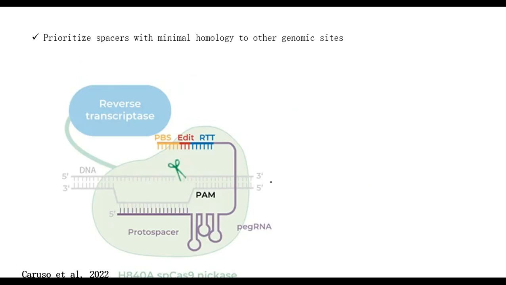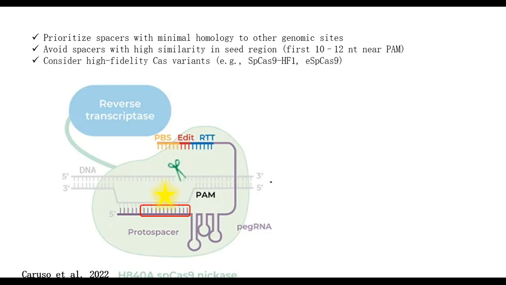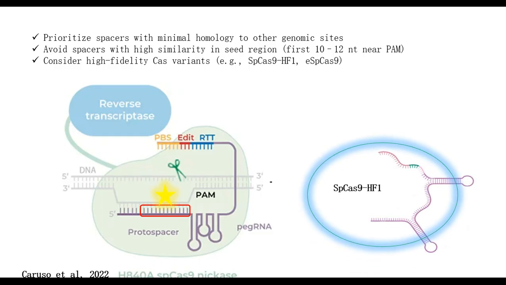Spacers should have minimal homology to other genomic sites, especially in the seed region, the first 10 to 12 nucleotides adjacent to the PAM. For improved specificity, consider high-fidelity Cas variants, such as SpCas9-HF1 or eSpCas9.